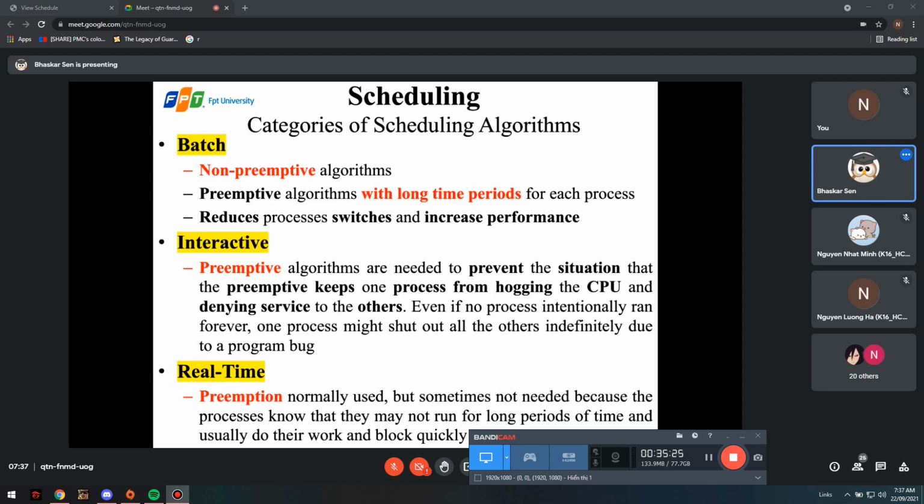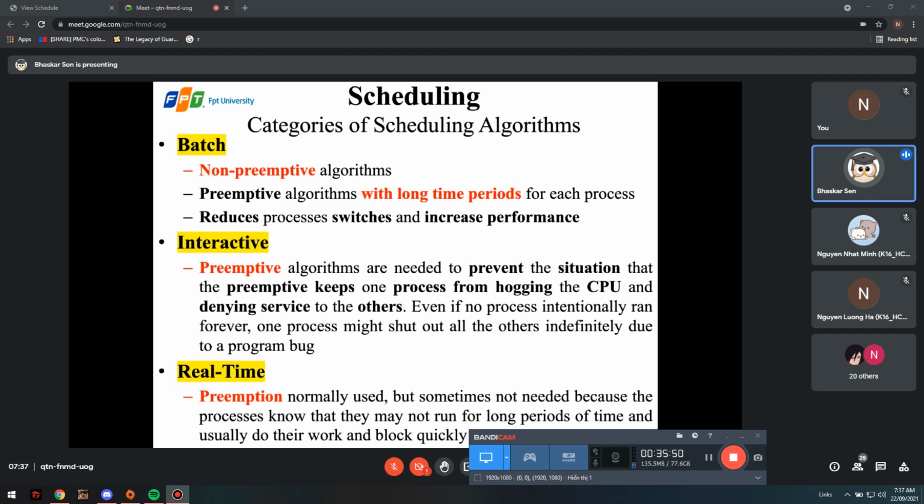So, although we use preemptive algorithms inside the scheduler, most of the times it's not needed because the real time processes have their internal time limit. They know exactly how long they're going to run.